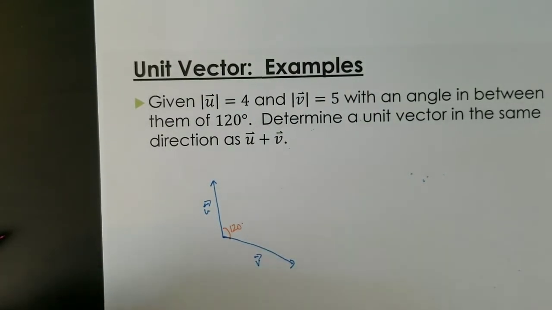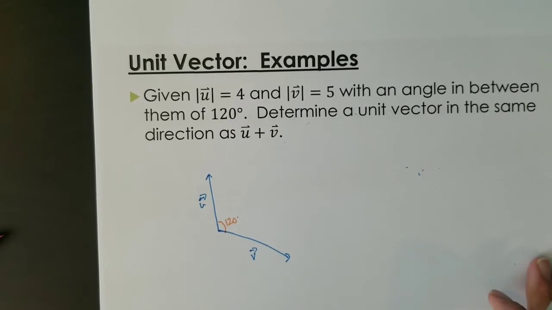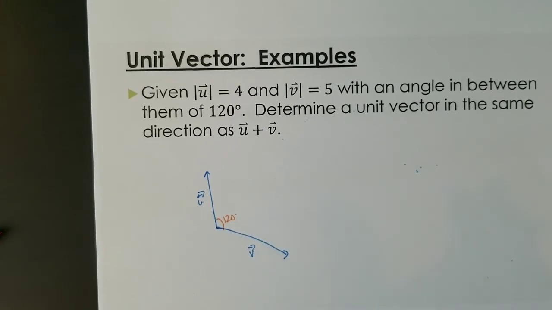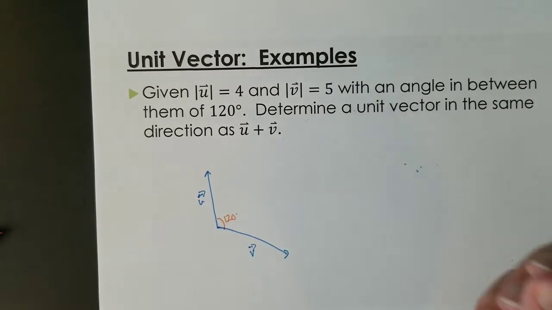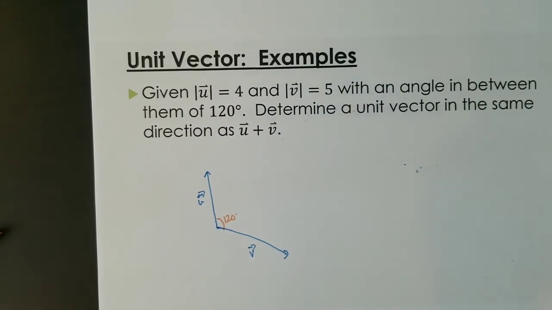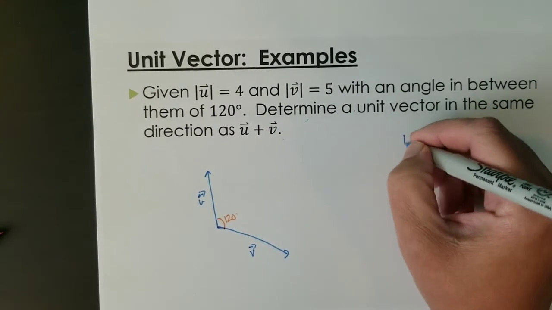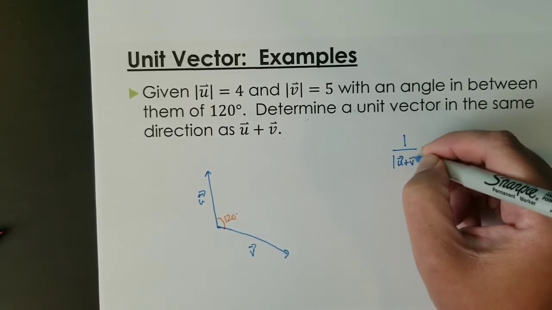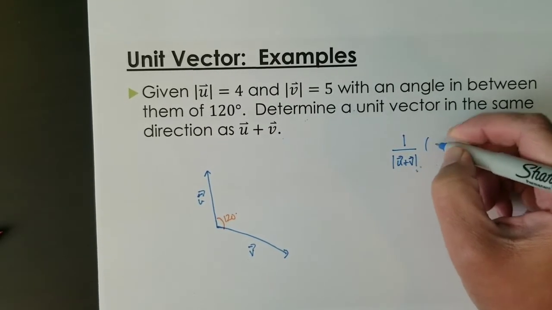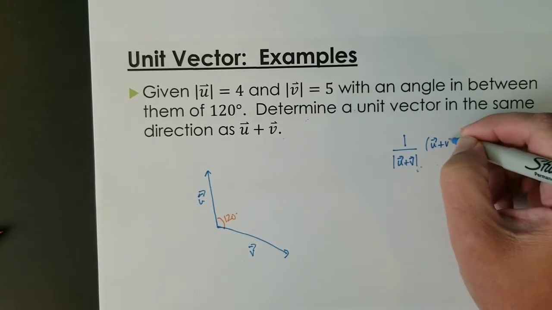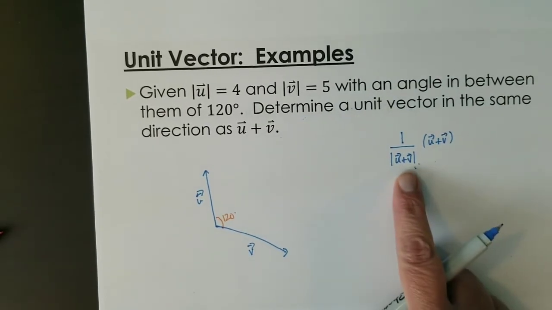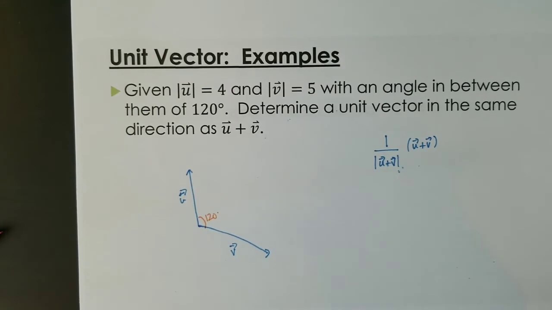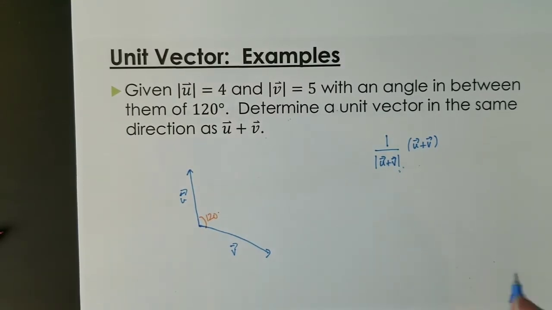So I want to find a unit vector in the same direction as u plus v. Remember the unit vector would be 1 over the magnitude of u plus v times vector u plus v. So really we want to find the magnitude and then multiply that by that resultant vector.